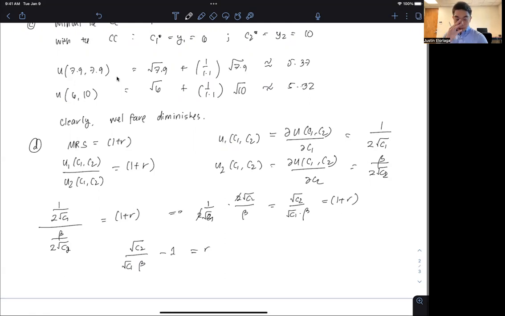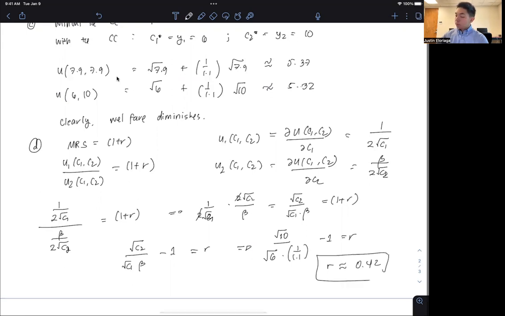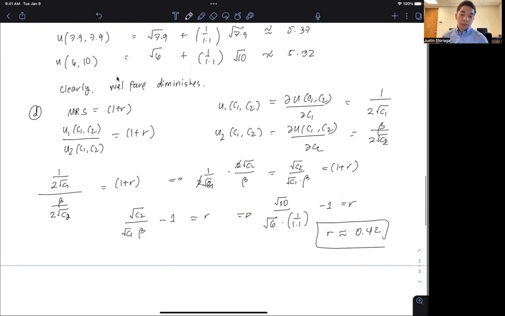We just plug in what we have. Under the credit constraint case, C2 is equal to Y2, so that's 10, divided by square root of C1, which is equal to Y1, so that's 6, times 1 over 1.1, minus 1, is equal to R. If you solve for that, R is approximately 0.42. So that's going to be the real interest rate.